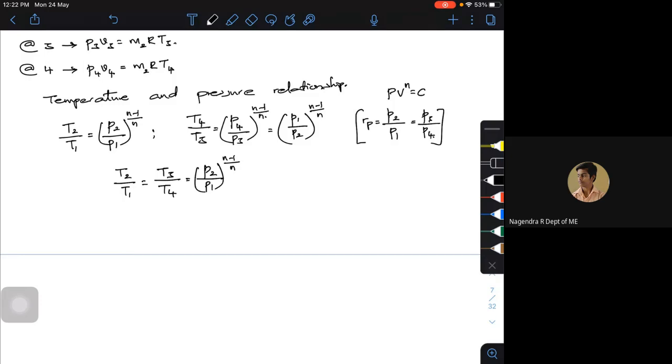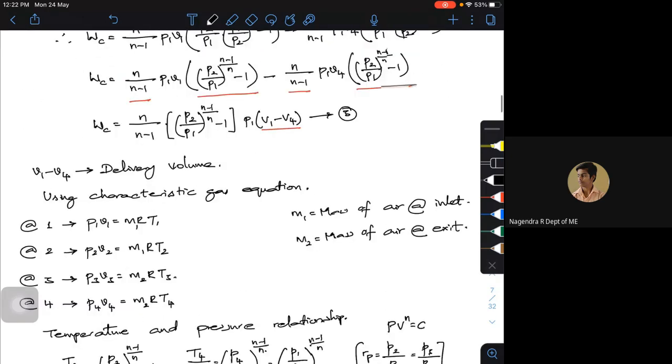Now, if you go back to this equation, I can write P2 by P1 to the power of n minus 1 by n as simply T2 by T1.